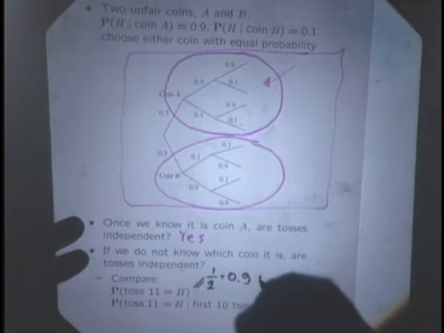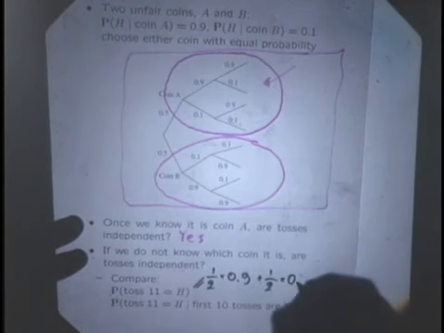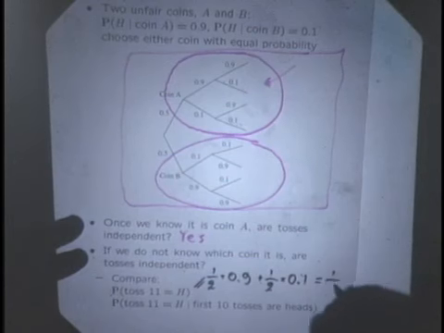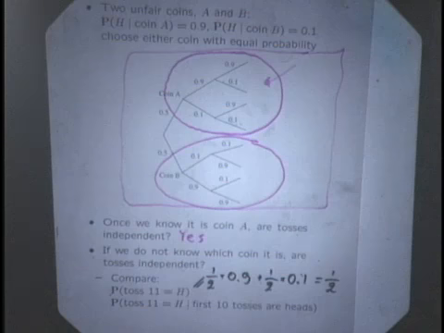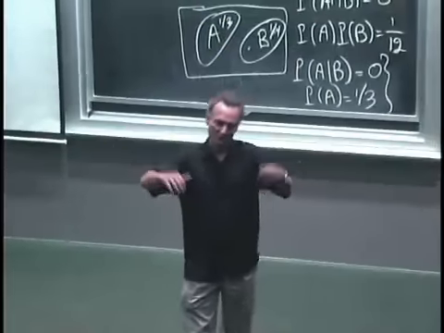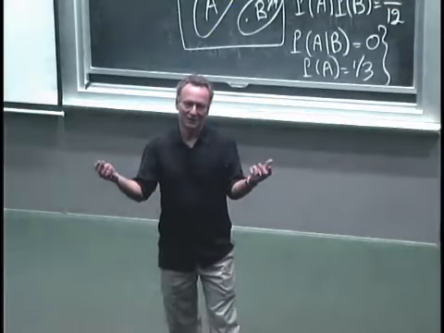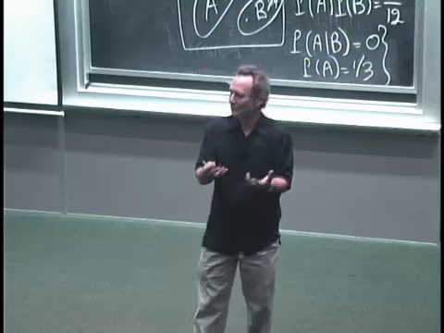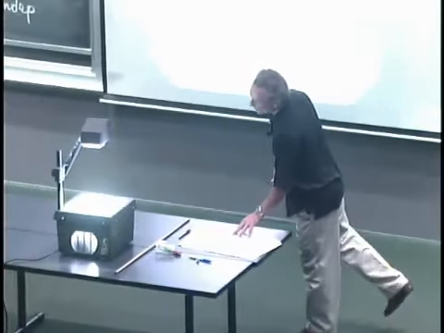Or you can choose coin B, and if it's coin B, when you flip it, there's probability 0.1 that you have heads, so the final answer is 1/2. Each one of the coins is biased, but they're biased in different ways. If I don't know which coin it is, their 2 biases kind of cancel out, and the probability of obtaining heads is just in the middle, it's 1/2.